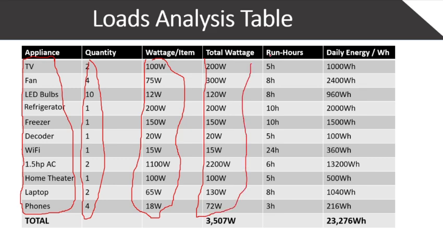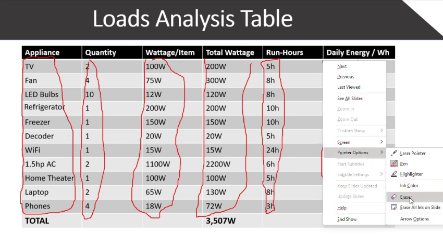The next one is their running hours, how many hours the client wants to use each of these appliances in a day. And the last column is their energy consumption. For each of these appliances, this is their energy consumption in the last column.